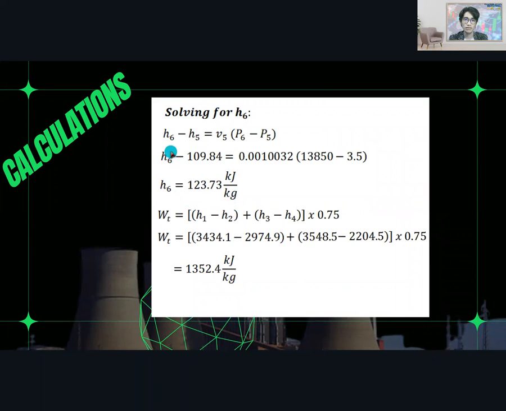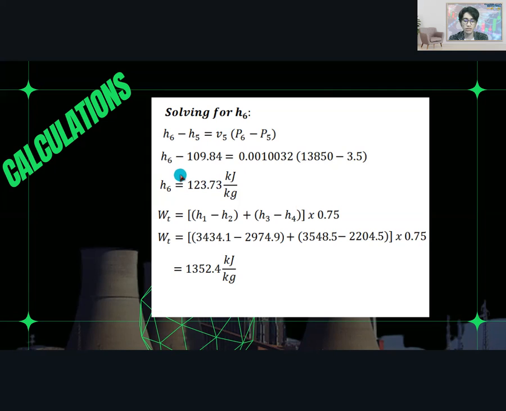So solving for H6, we have H6 minus H5 is equal to the specific volume times the pressure, P6 minus P5. Substitute the value of H5, the specific volume, and the pressure.